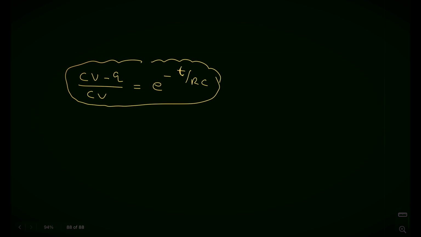Now try to solve this, then cross multiply and shift this, and we get q is equal to CB(1 minus e power minus t by RC).